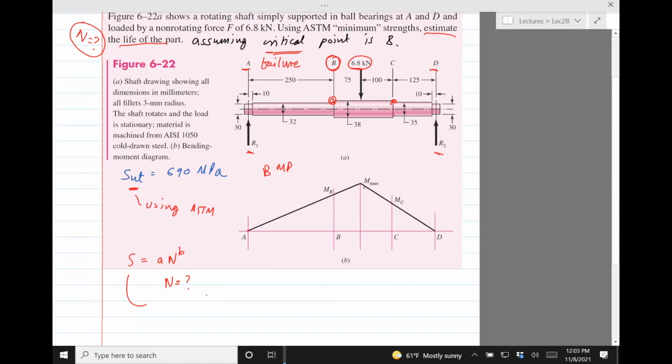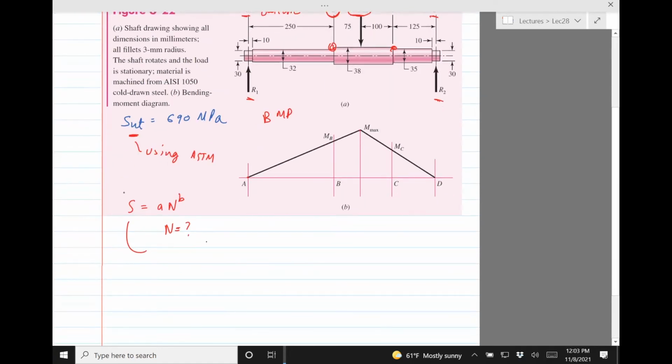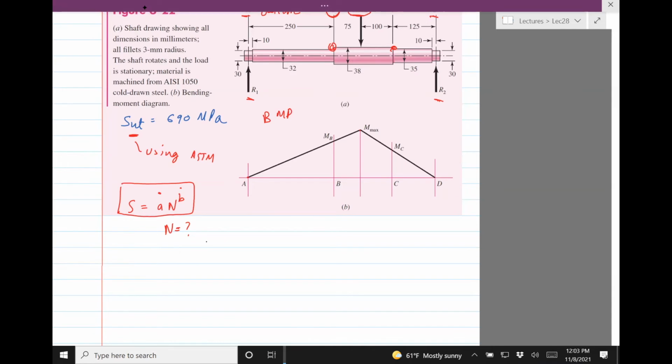Now the question is, if you want to compute N, we can think of this formula, right? Clearly if you can compute A and B, then we can find N, provided we know S. What is S?